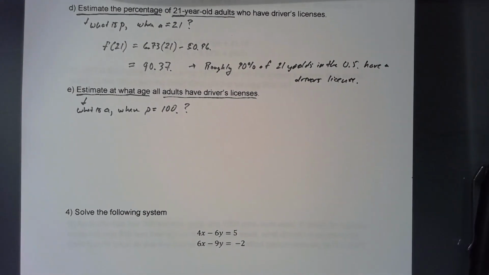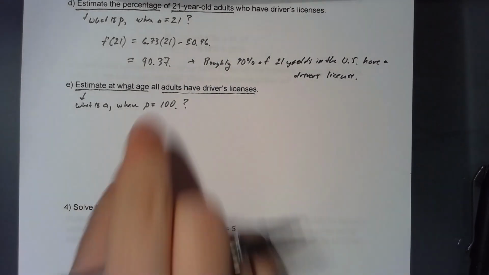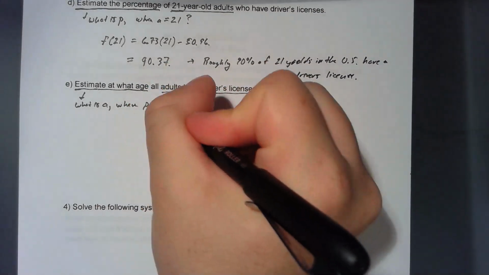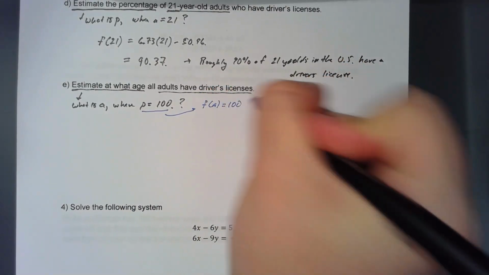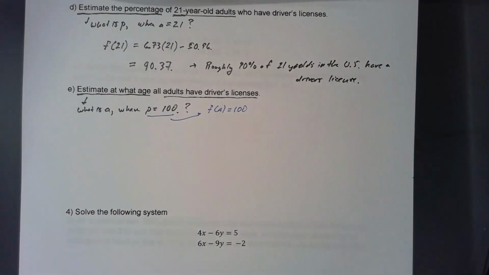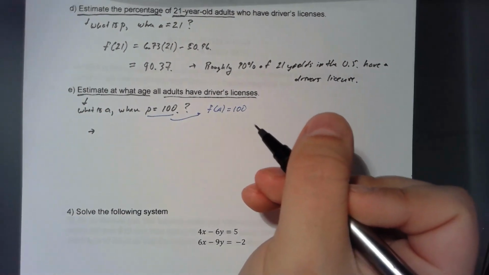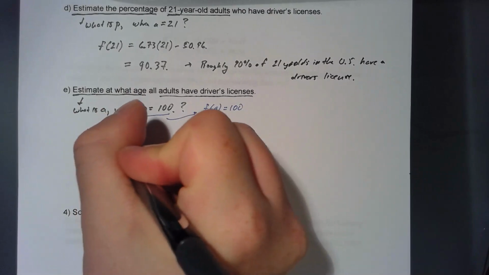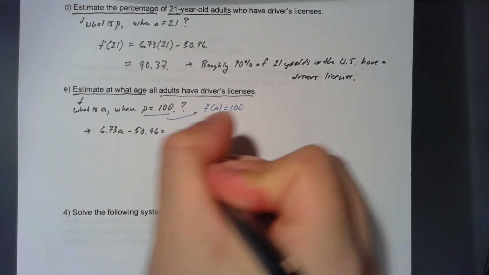So my model, my line of best fit, is going to be equal, right? P is 100. This means f of A is equal to 100. So I'm going to set my model equal to 100, and I'm going to solve for A. So 6.73A minus 50.96 equals 100.